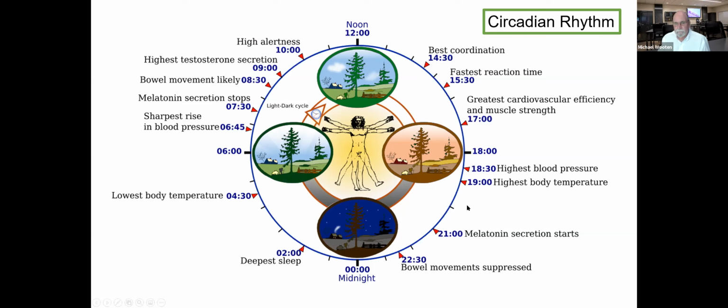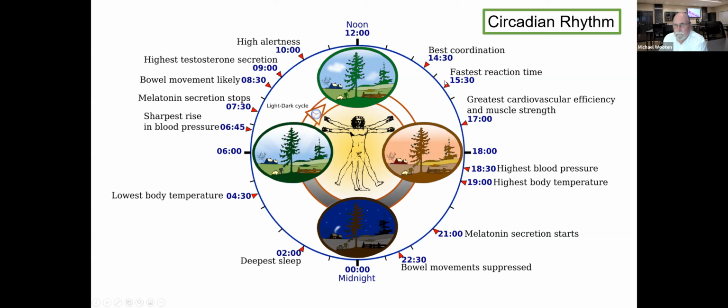If we look at our system, we sort of say, okay, if we wake up at 6 o'clock in the morning as a wake up time or whatever, and that we become active, we have a rise in blood pressure, melatonin secretion stops. We often find that we need to go to the bathroom at that time. Alertness peaks and continues on around noon.